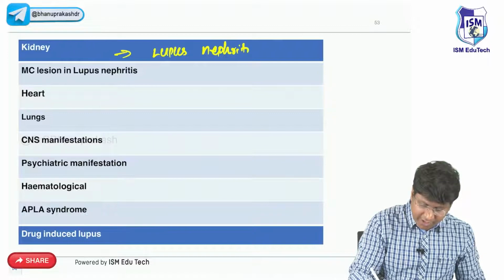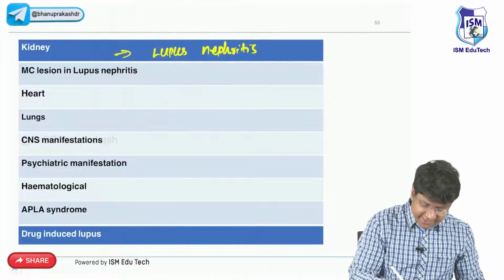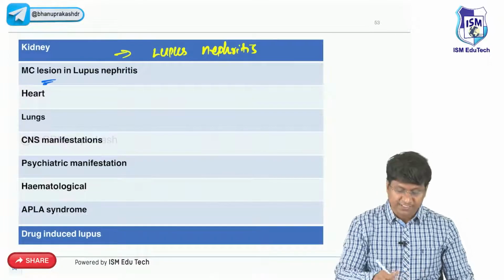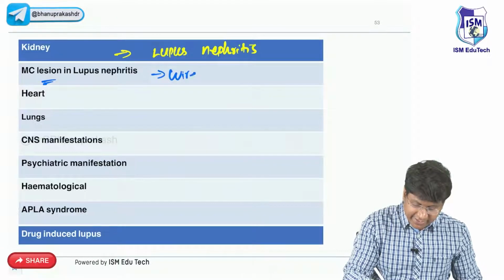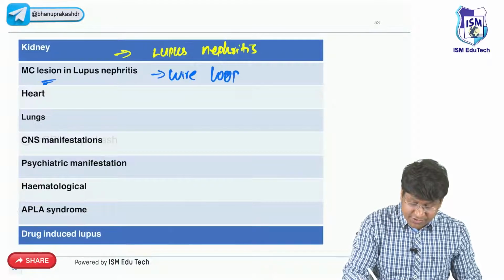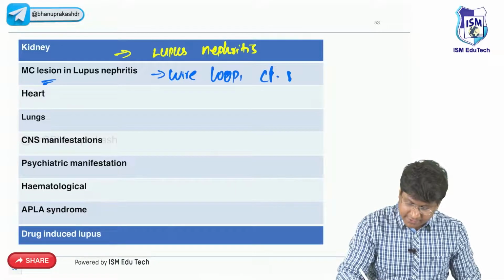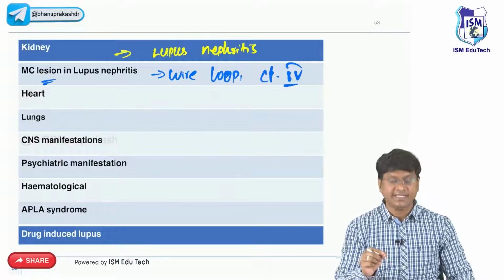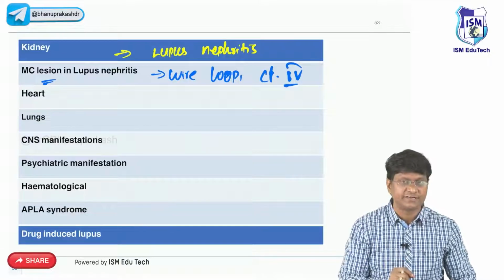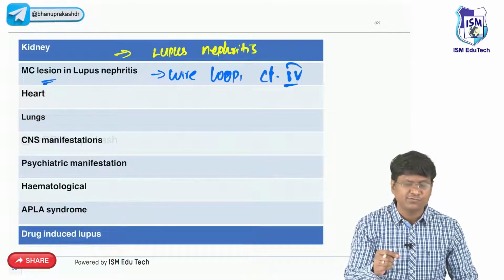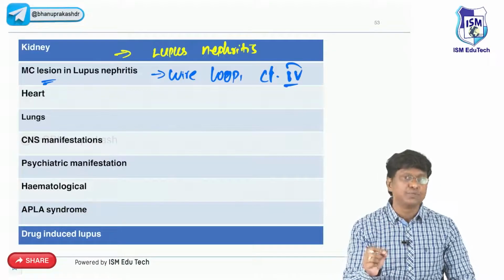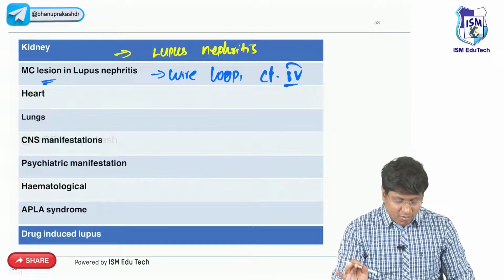The most common lesion in lupus nephritis will be the wire loop lesion. These wire loop lesions are very commonly seen in class 4 of lupus nephritis. There are totally 6 classes. In class 4, which is also called diffuse lupus nephritis, you get these wire loop lesions.